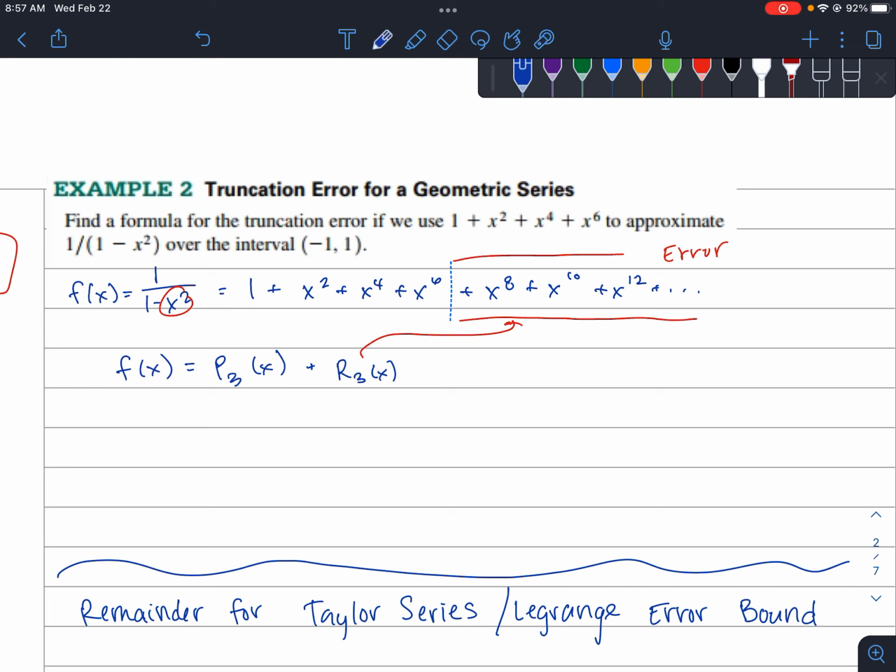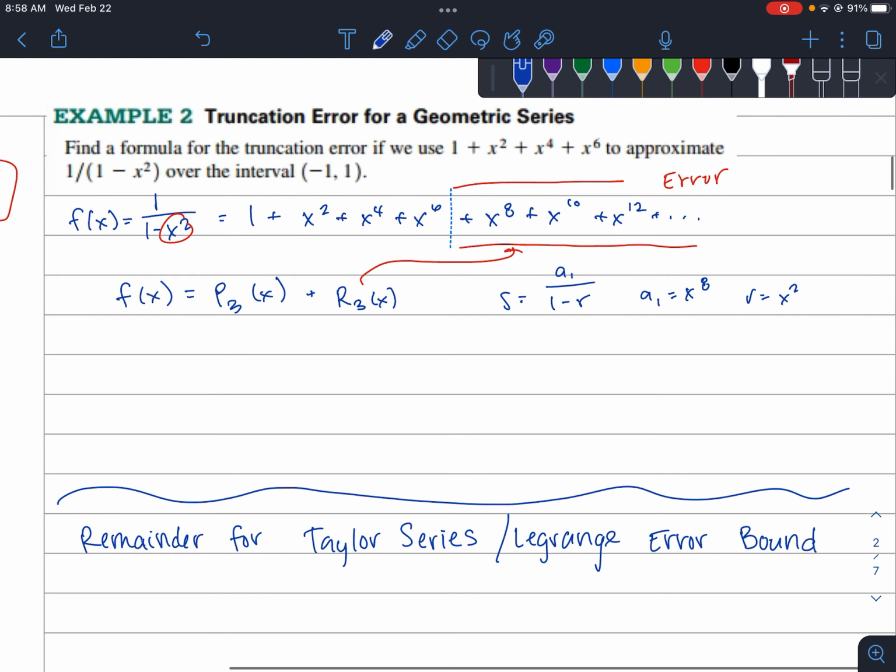And remember that a geometric series converges to a sub 1 over 1 minus r. Well, since this right here is a geometric series, a sub 1 is equal to x to the 8th, and my common ratio is equal to x squared.